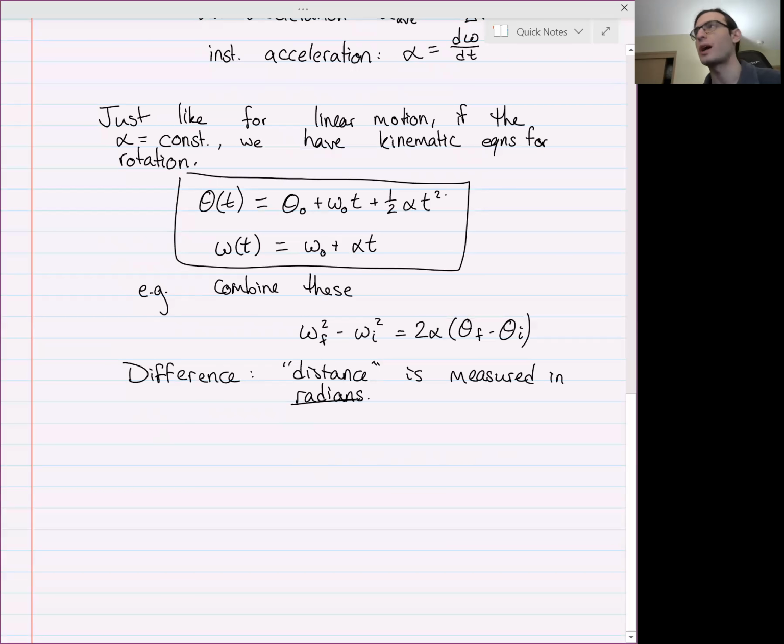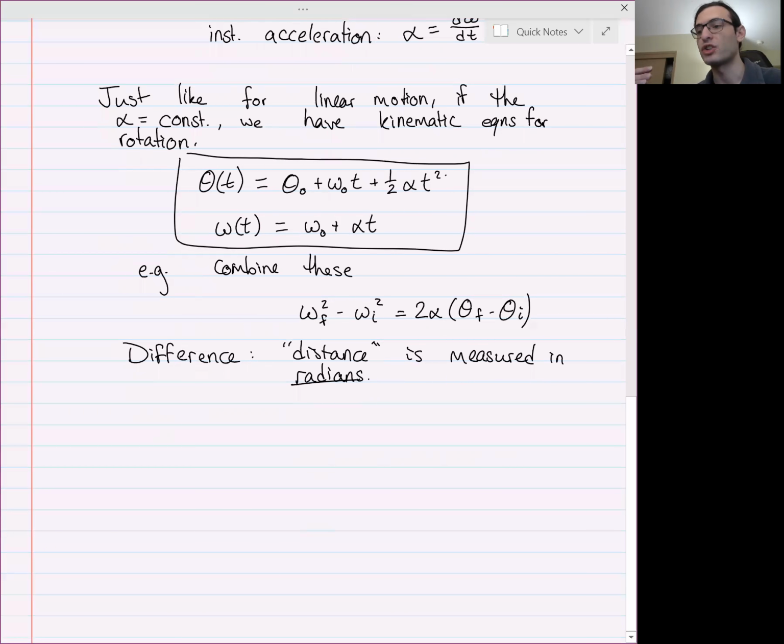Rather than traveling at 4 meters per second, you rotate by 9 radians per second, and so on. It's one-dimensional in the sense that you're rotating about an axis and the axis is one-dimensional, is what it boils down to.